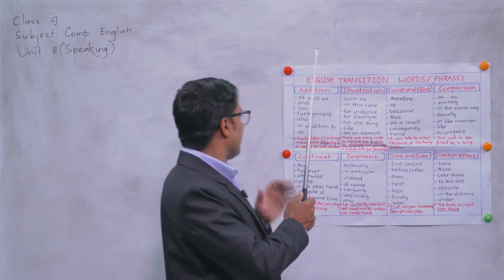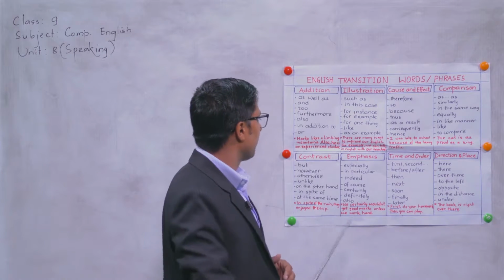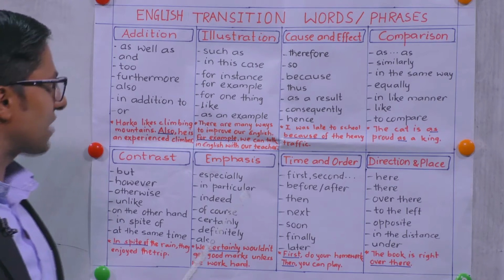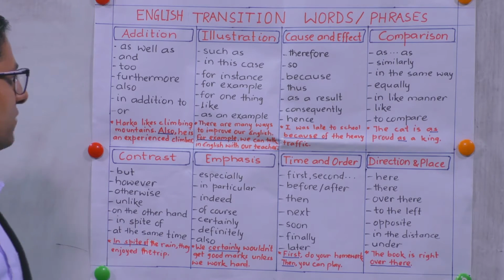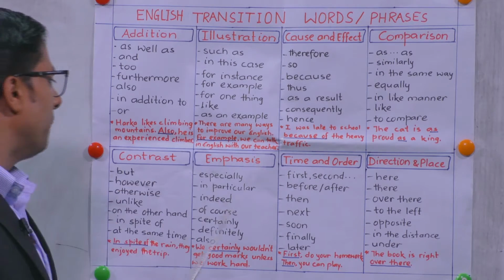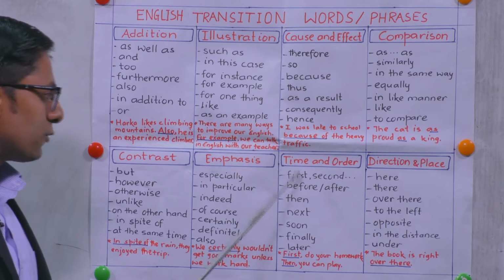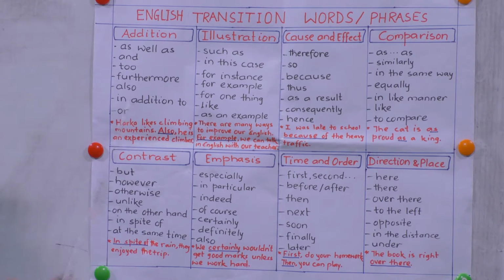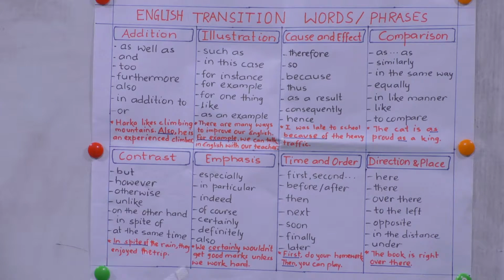See, they are used to add information. They are used to give examples. They are used to show the cause or effect of something. They are also used to compare things. They are used to show contrast. They are used to give emphasis. They are also used to show time, order or sequence. And they are also used to show direction and place.